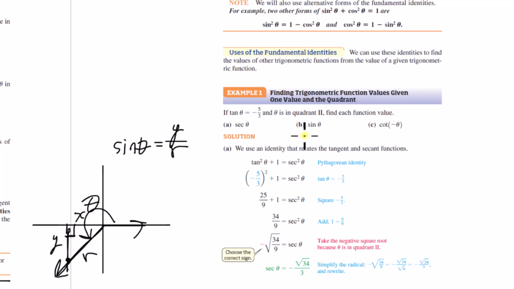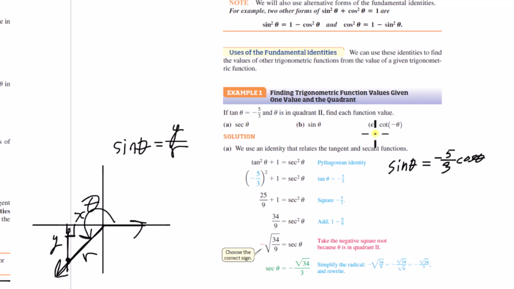All right, now sine, let's see. So tangent theta is sine over cosine. So sine theta is equal to minus 5/3 cosine theta. Okay. Now, we have secant and tangent, so we could use either one of these, and we actually have this cotangent of theta as well if we want it.